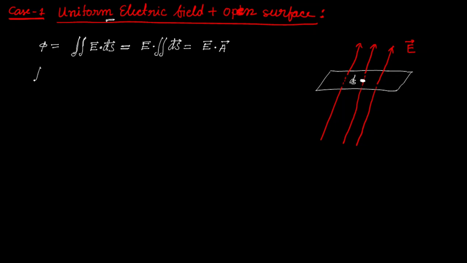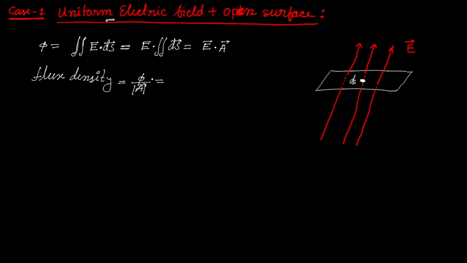So what will be the flux density? Flux density means flux per unit area. This is the total flux through the total area A. Now we have to calculate flux per unit area. That will be the flux density.